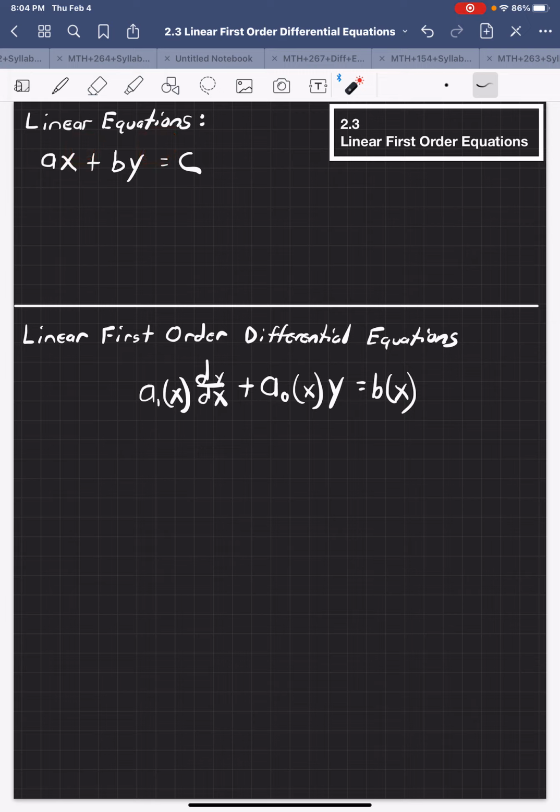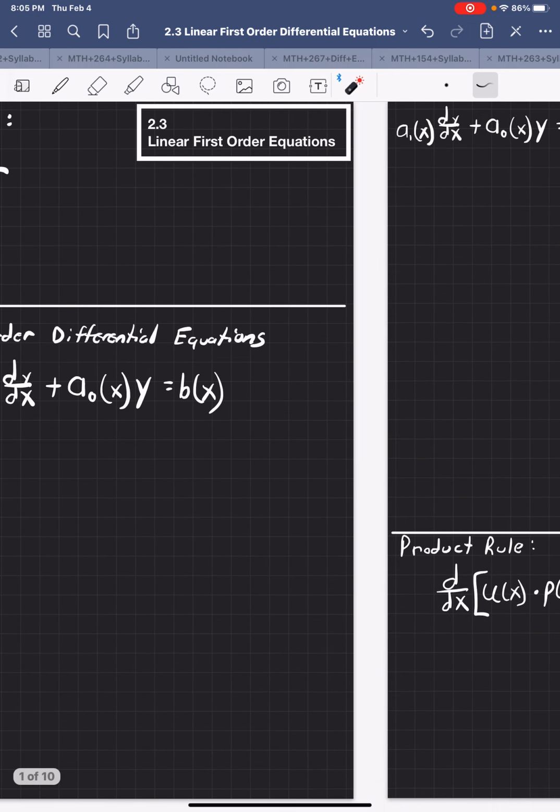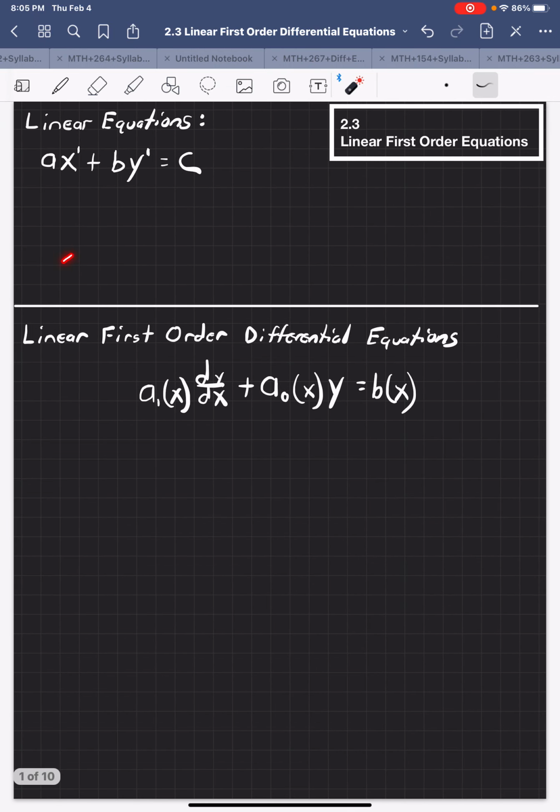We'll assume that a and b are not zero. But as long as we are dealing with powers of 1, then we know that the graph of such an equation is linear, okay?